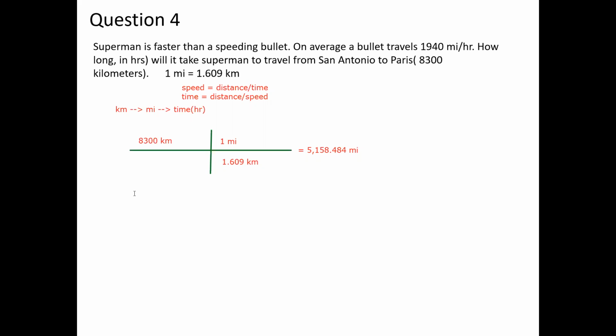Now we want to find time in hours. Since our velocity is miles per hour and our distance is in miles, if we take the distance divided by speed, it will give us hours.